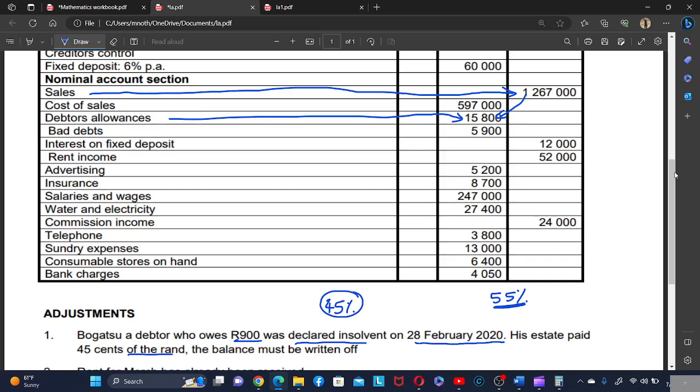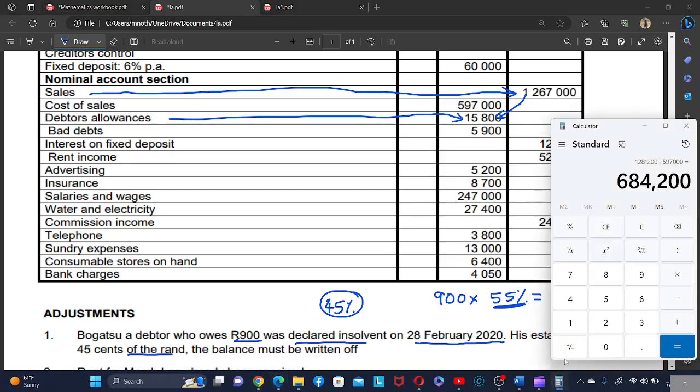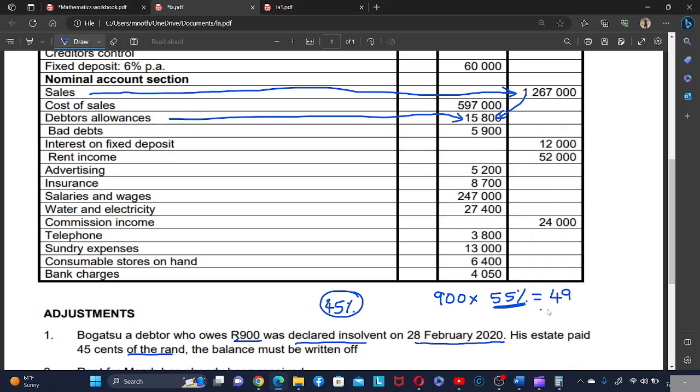So we must write off this 55% that is remaining. So we are going to say 900 times 55%. That is 495. So this is the amount that must be written off because the 45% was paid. Now here we are given the bad debts.